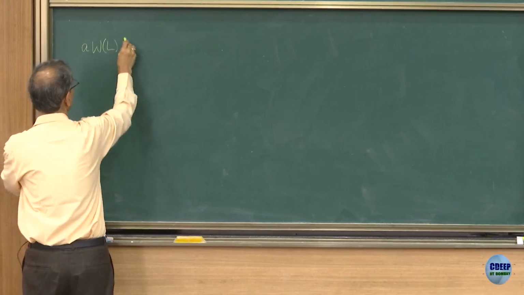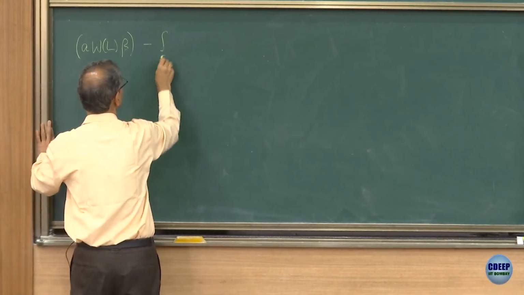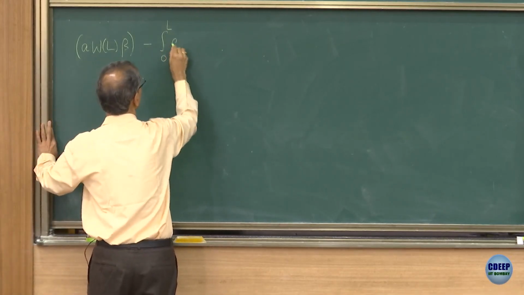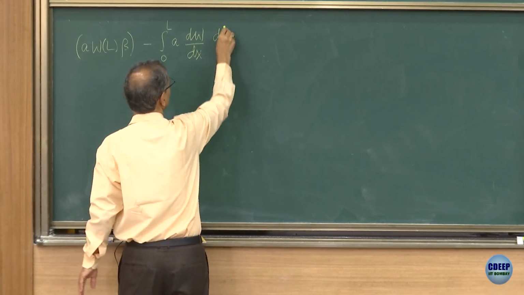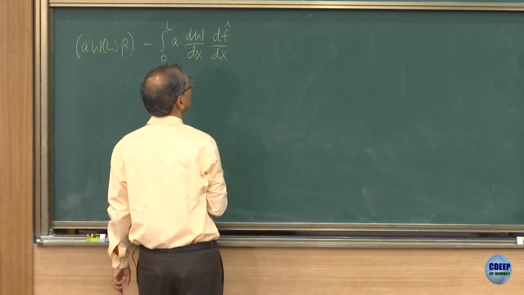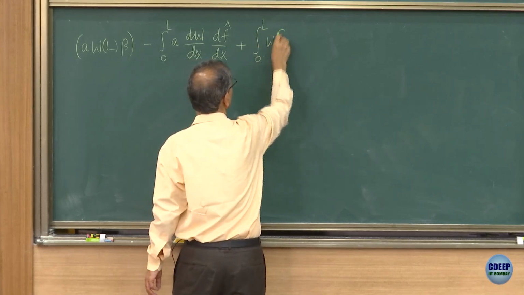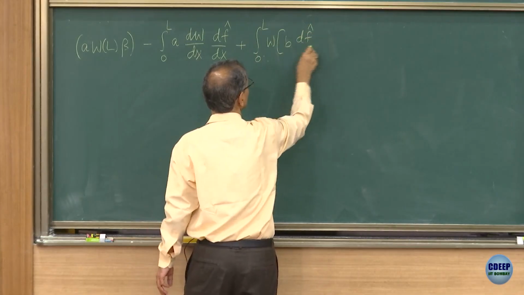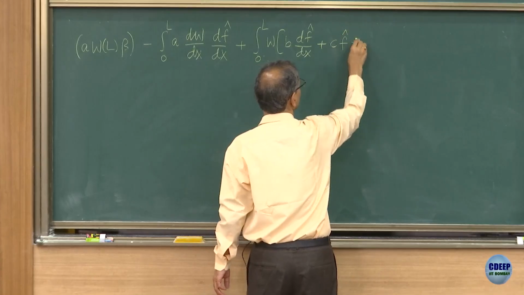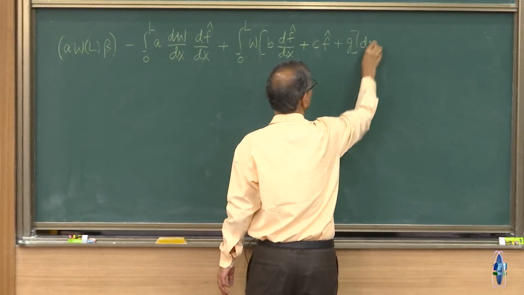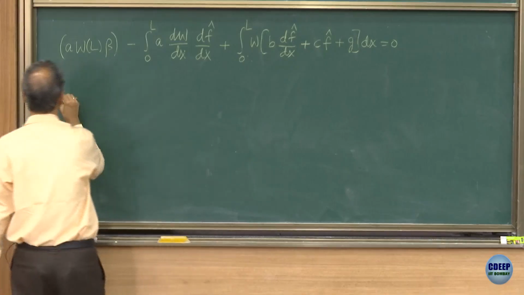So it will be a w of L beta, that's one term, minus integral 0 to L a dw by dx df hat by dx, plus integral 0 to L. I am just rewriting after substituting for the boundary condition. Or in other words, this can go that side.